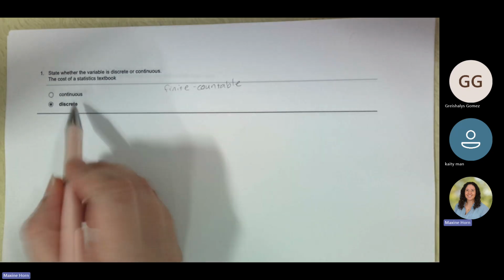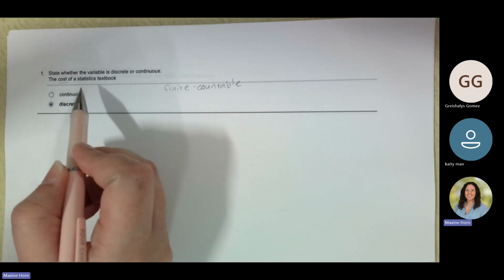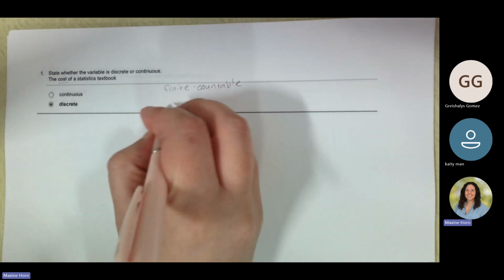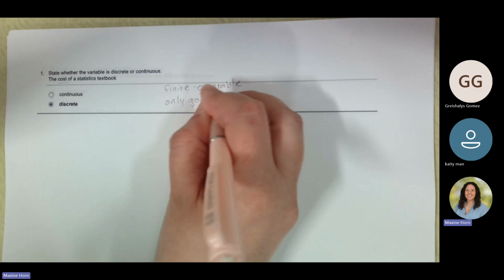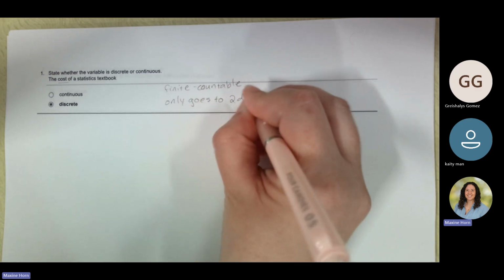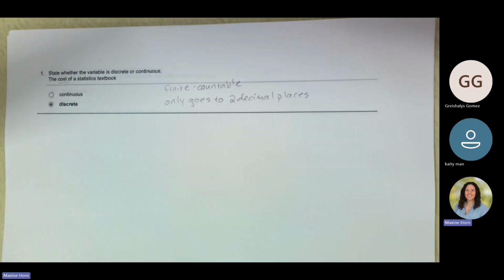So in this example, we're talking about the cost of something, okay? When we're talking about money, dollars, it only goes to 2 decimal places, right? I can't get any more exact than that.